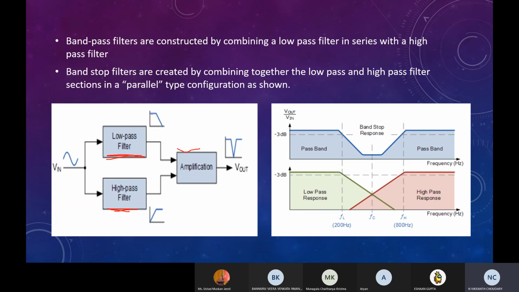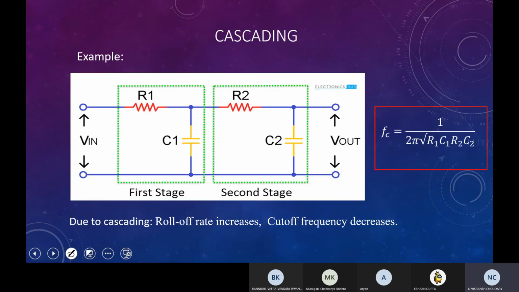The low pass filter would have this Bode plot, and the high pass filter would have this Bode plot. If you combine both, you get the band stop Bode plot. Remember, for a band pass filter it needs to be in series, and for a band stop filter it needs to be parallel.